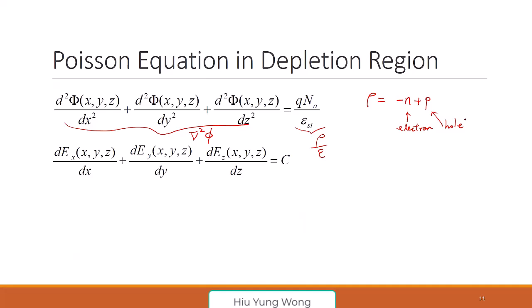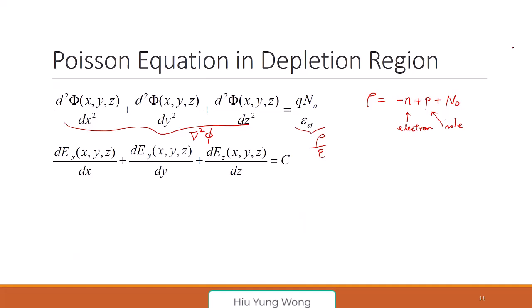Fixed charge. Very good. We have two types of fixed charge, right? One is donor, ND. It is positive, because they give away a negative electron and become positive. This is the donor charge. What else?